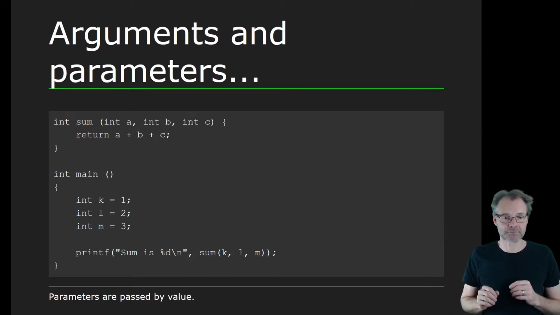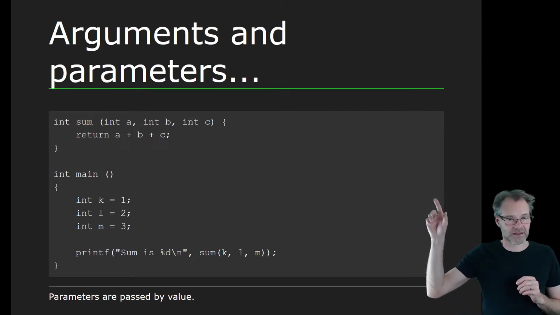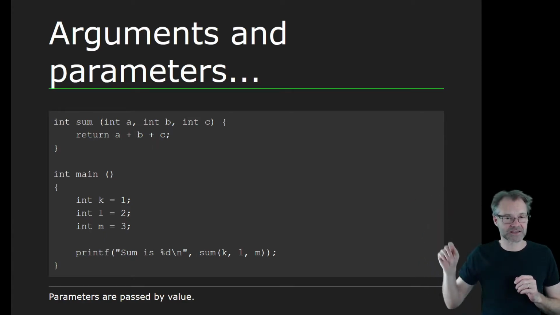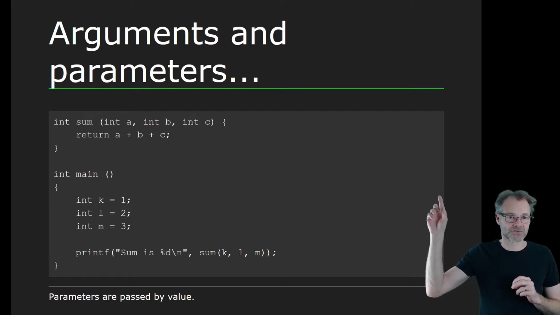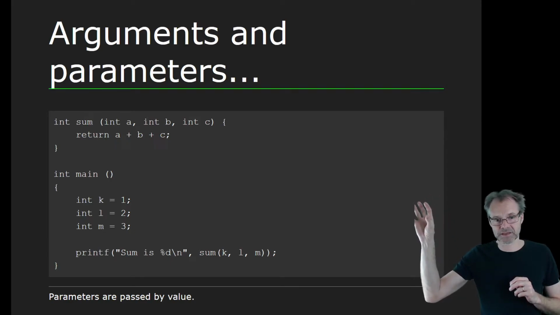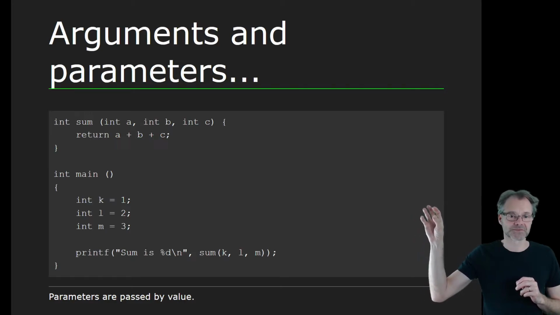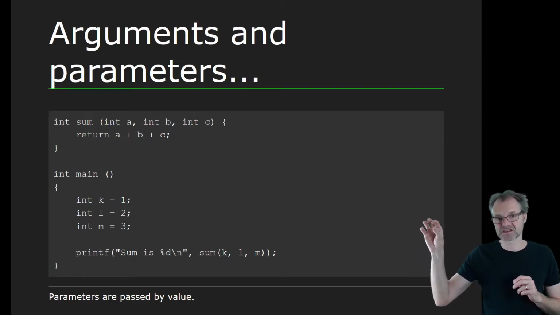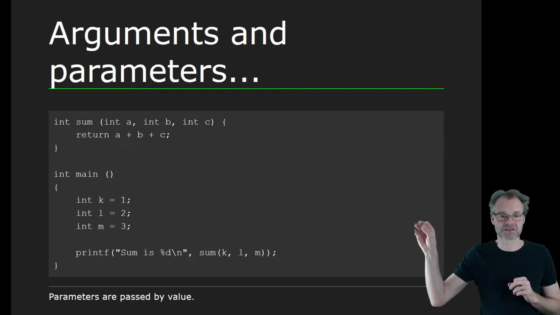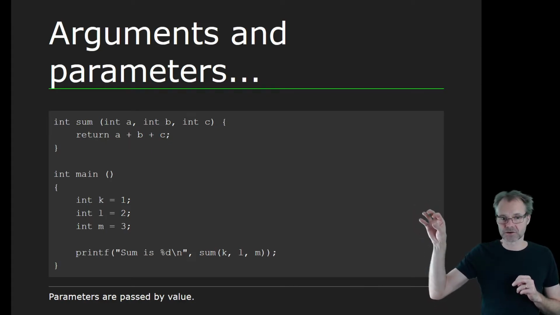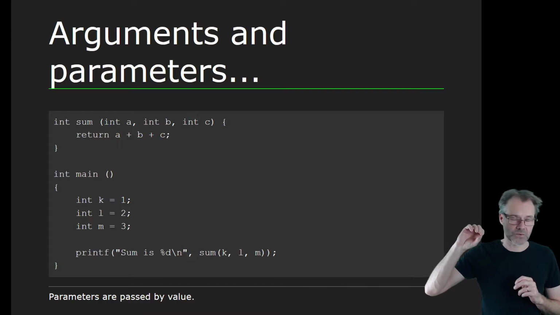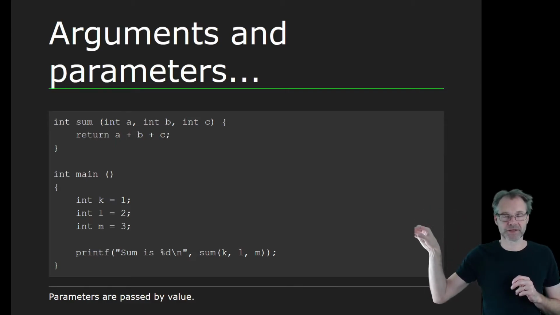So here's an example where we define a function up there, and it should return an integer. It's called sum. It takes a parameter list with 3 parameters, and it's returning the sum of these 3 parameters. All are integers. So a function can take 1, 2, or many parameters.